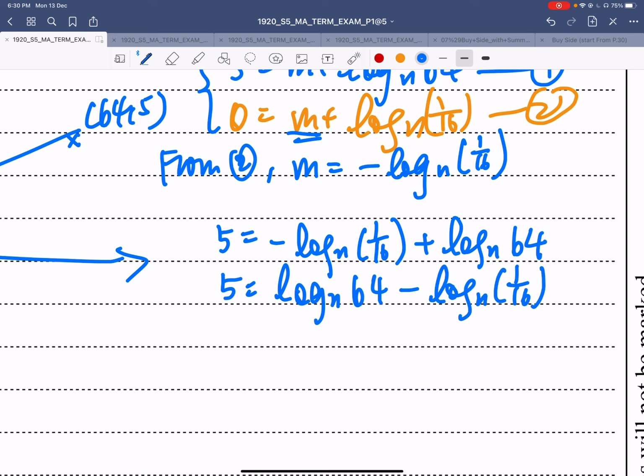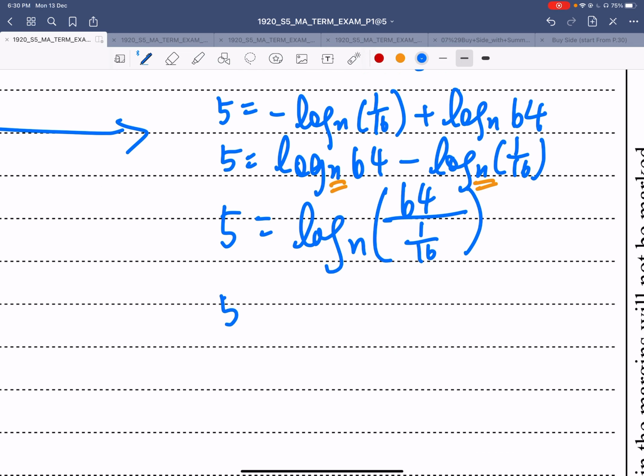Alright, so from this you can see same base, right? So you can group them together, log n. For minus it will become division, so 5 equals log n of 64 divided by 1/16, which equals 1024.